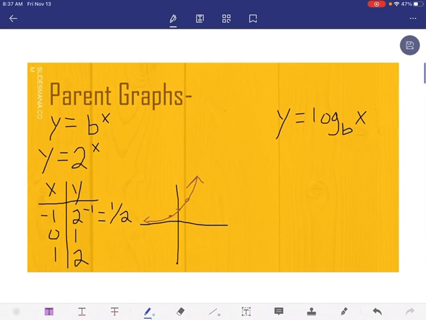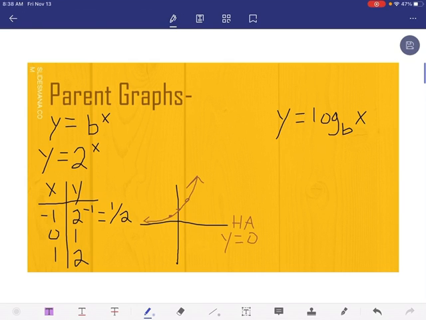So notice that as we put in more and more negative numbers, we're going to get smaller and smaller fractions, which means that we're going to get closer and closer to the x-axis. However, there isn't anything that we can plug in that's going to give us 0. So that means that we have a horizontal asymptote at y equals 0.